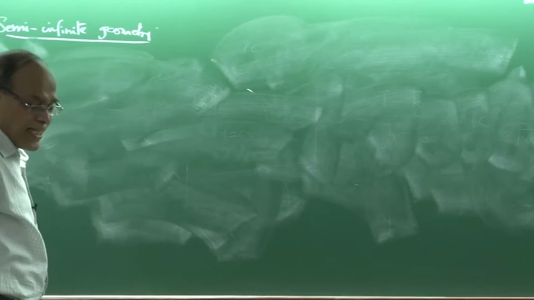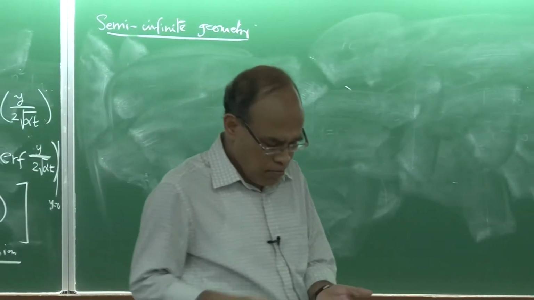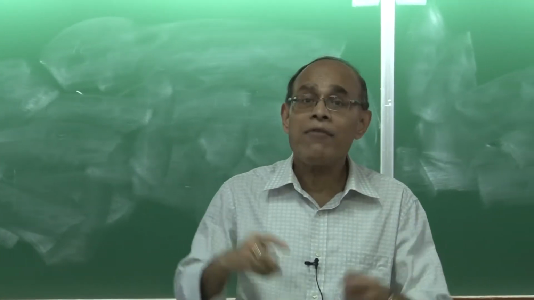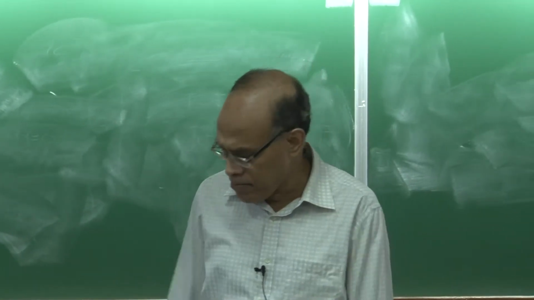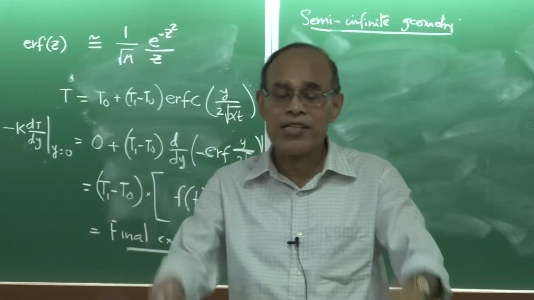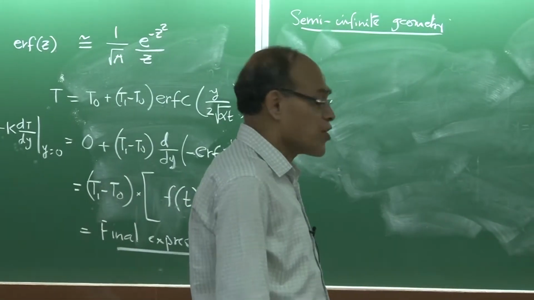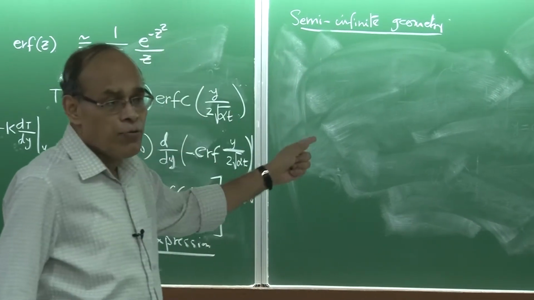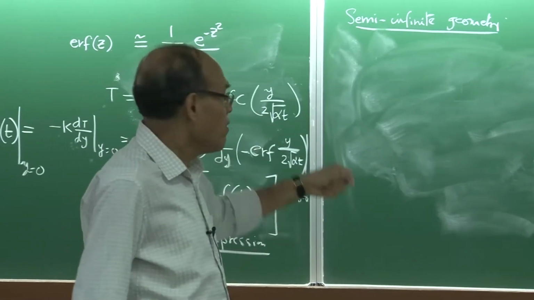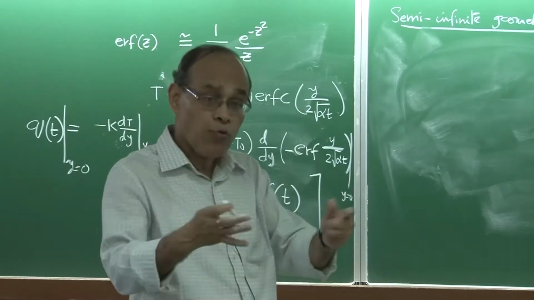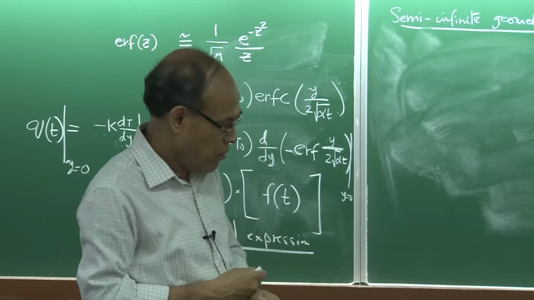So, we have seen that if you have a finite geometry, a one dimensional slab geometry for example, in Cartesian coordinate system, we have the infinite summation series, and that summation series needs to be calculated. If you want to solve for the transient temperature in a semi-infinite geometry, then we have the error function solution, for which we have the error function table.